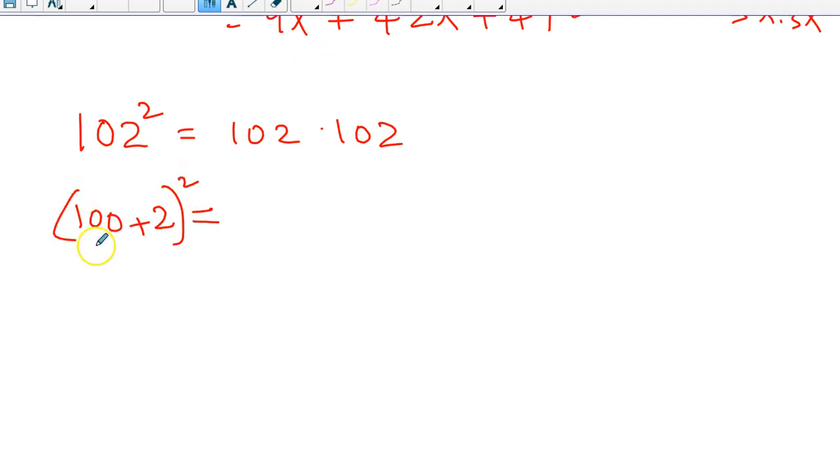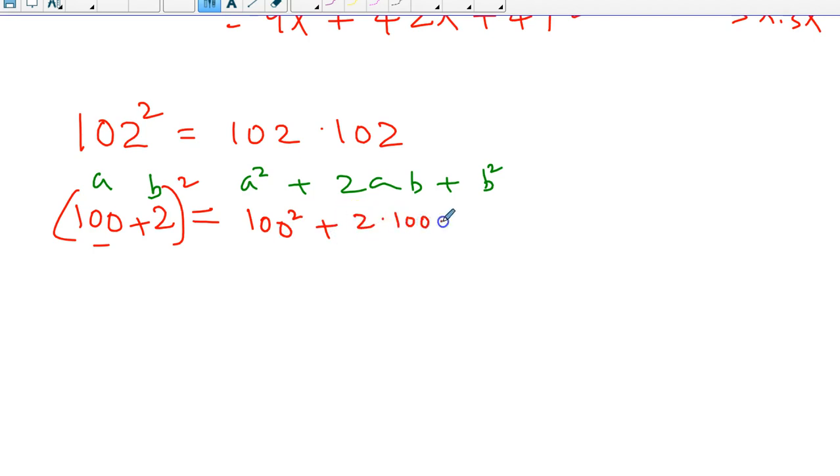In this, your 100 is A and 2 is your B. Now you know that A plus B whole square is A square plus 2AB plus B square. So A square, A is 100 square, plus 2 times 100 times 2, plus B is 2, right? Square.